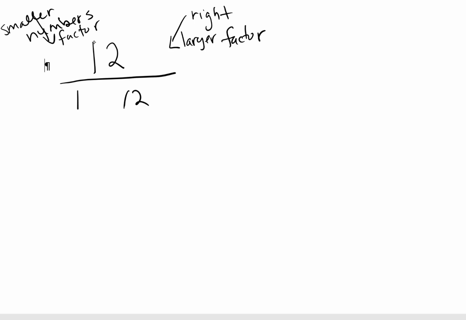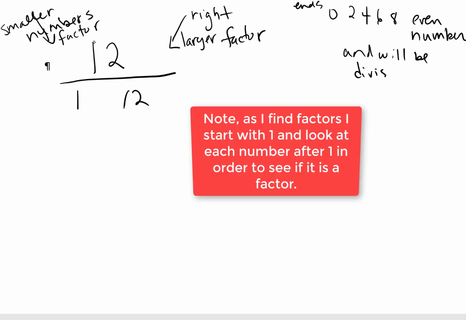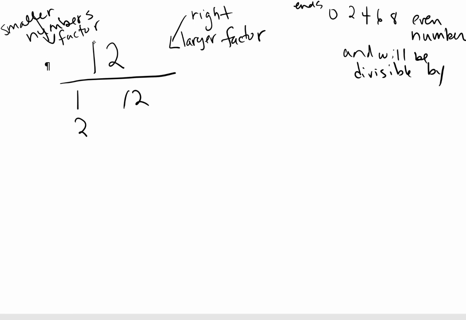Any number that ends in a 0, 2, 4, 6, or 8 is an even number and will be divisible by 2. So I know 2 goes into 12, 6 times.